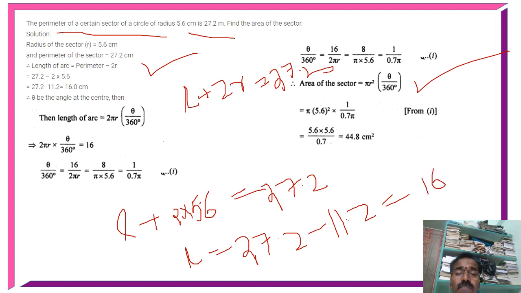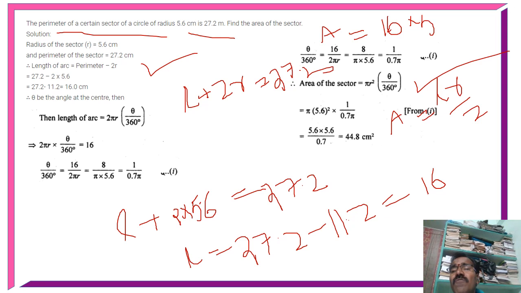When length of arc and radius are known, the area of sector A equals LR by 2. The length of arc we got is 16, radius is given 5.6, so area of sector equals 16 into 5.6 by 2.